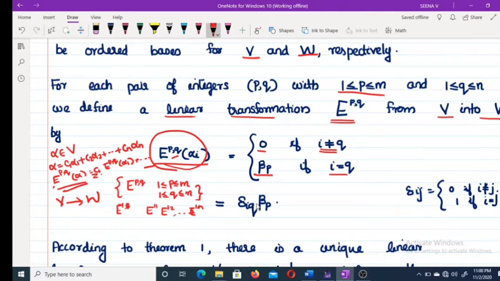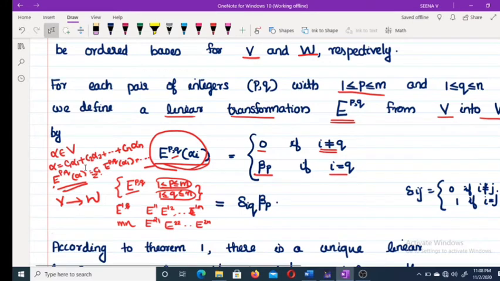Now, if p equals 2, E^{21}, E^{22}, ..., E^{2n}. So in total, as p varies from 1 to m and q varies from 1 to n, the total number of E^{p,q} is mn. Therefore, this collection E^{p,q} is the collection of all mn linear transformations.